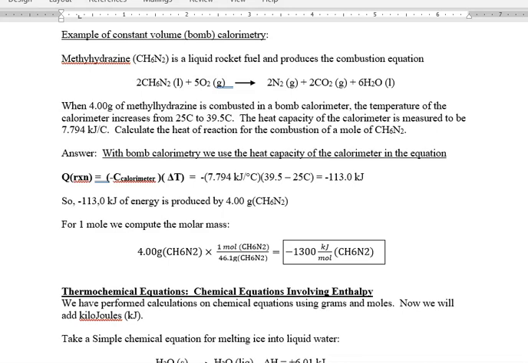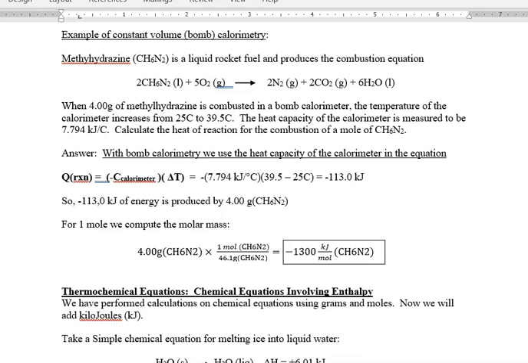So here's how a bomb calorimeter differs from a coffee cup calorimeter. You don't get the specific heat of just the water. You take the specific heat of the calorimeter, which is the water and the actual device itself. Why you do that, you don't need to really understand the details of that. It's just the way you would explain it properly in bomb calorimetry. So let me say it again. With coffee cup calorimetry, that's constant pressure.